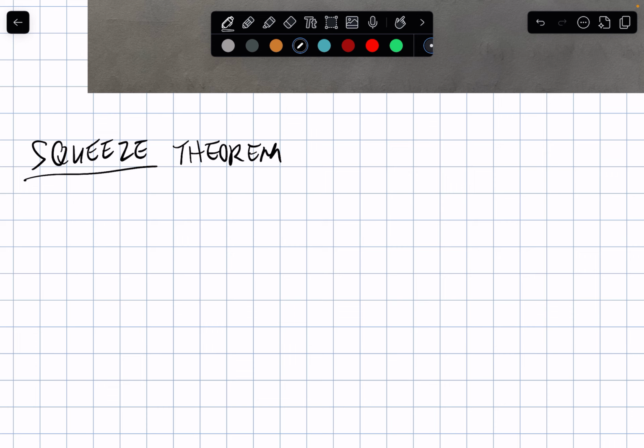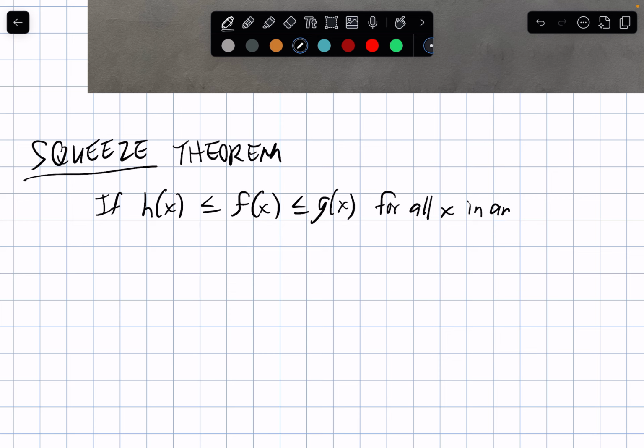Basically, if h of x is less than or equal to f of x, which is less than or equal to g of x, for all x in an open interval containing a.